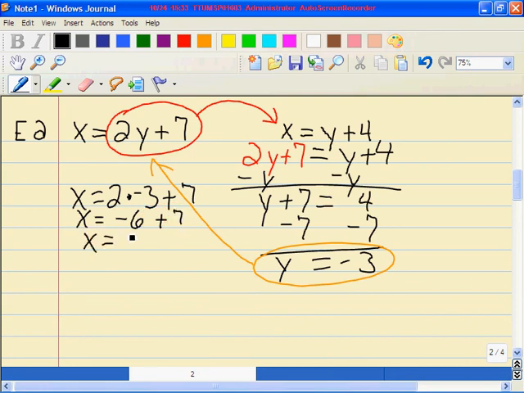So x is equal to 1. Now that I have both solutions, I can make my ordered pair 1, comma, negative 3. And that is our second example, the case where we have both equations solved for the exact same variable.